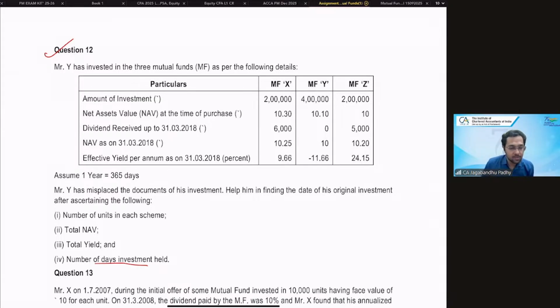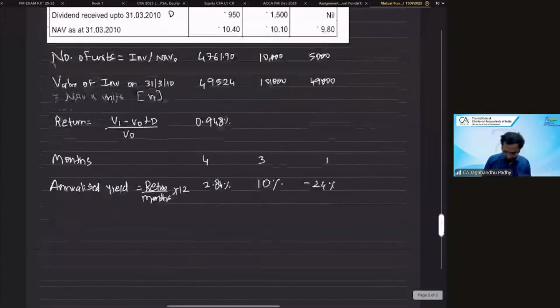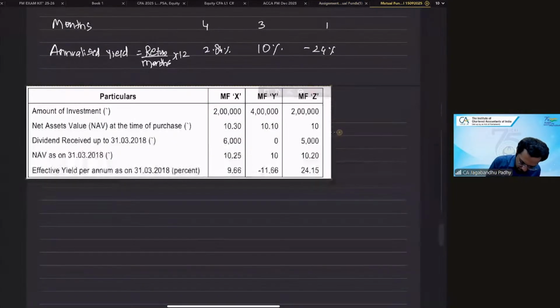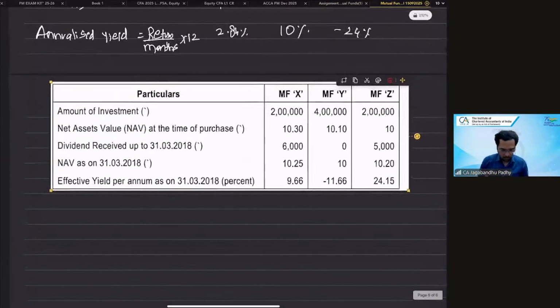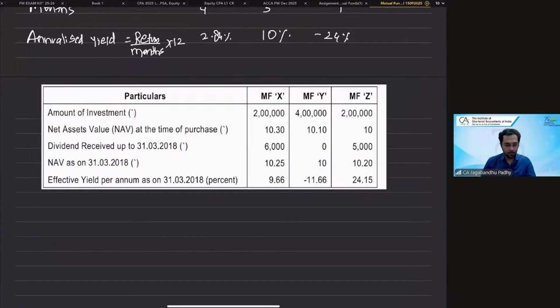Did we get the number of units in each of the schemes? Yes. Okay, just wait. So over here, what is the number of units for mutual fund X? 19,417.48.